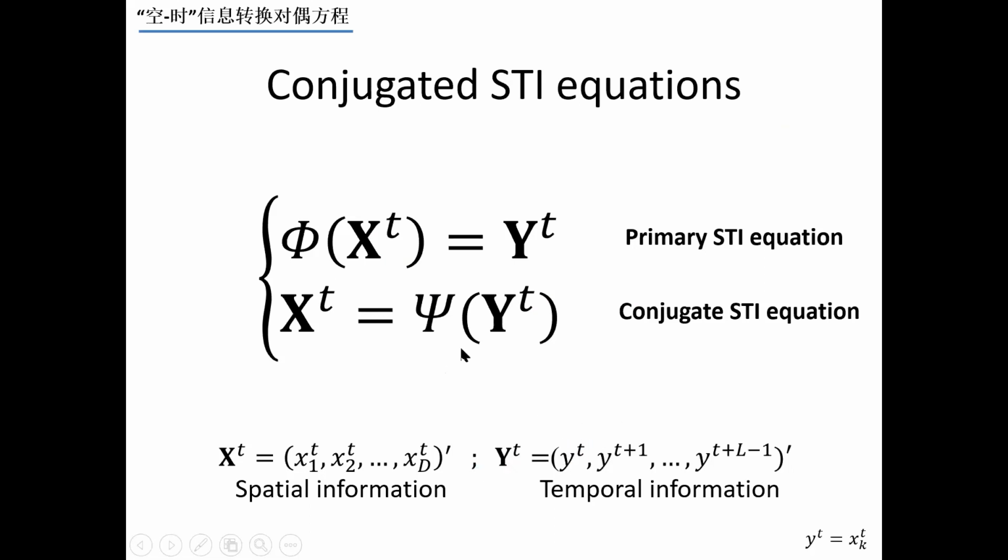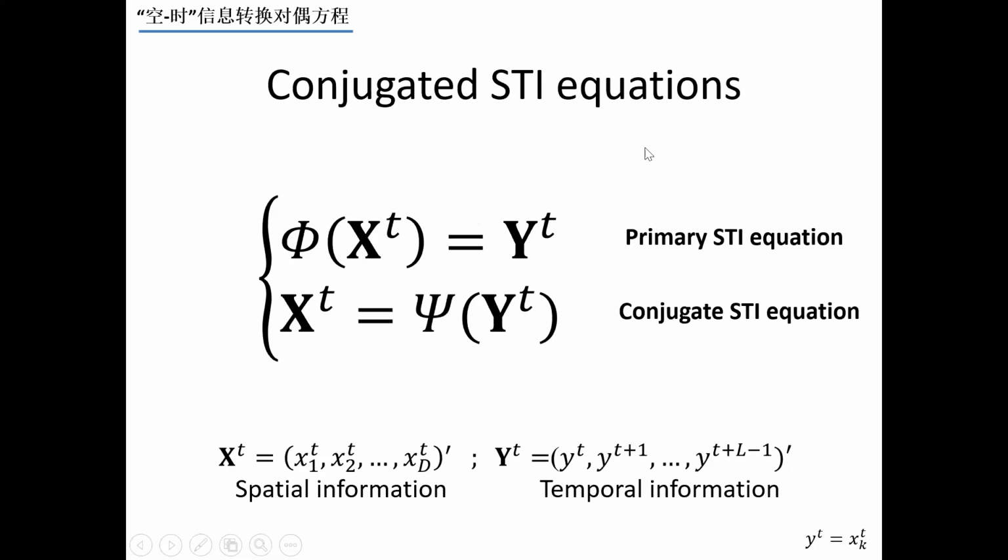Okay, so we show there is a map from spatial information into temporal information. That is what we call the primary STI equation, and because it is topologically equivalent, Y can also be mapped back to X. So we get another equation, which we call the conjugate STI equation.